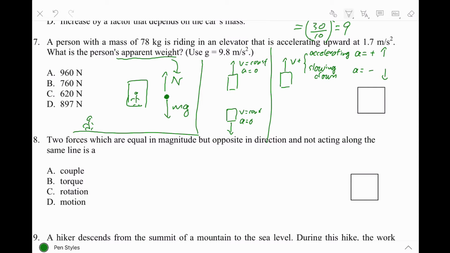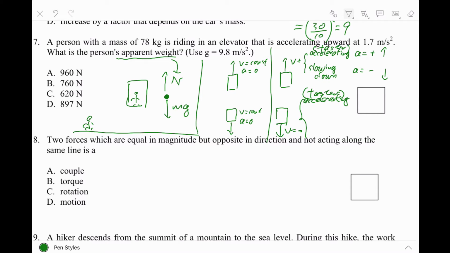Now you're moving down, so the velocity is negative and the acceleration is positive. But when you're moving down and increasing your speed downward, you're accelerating down, faster and faster.